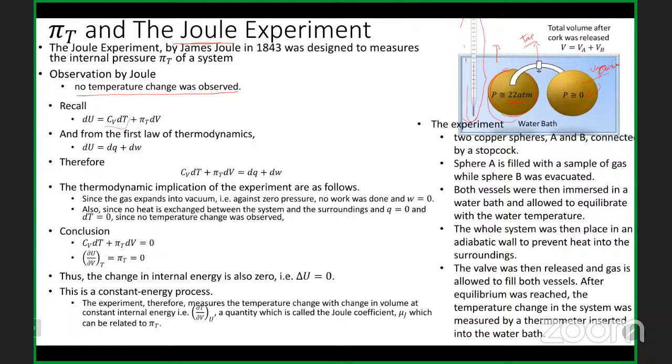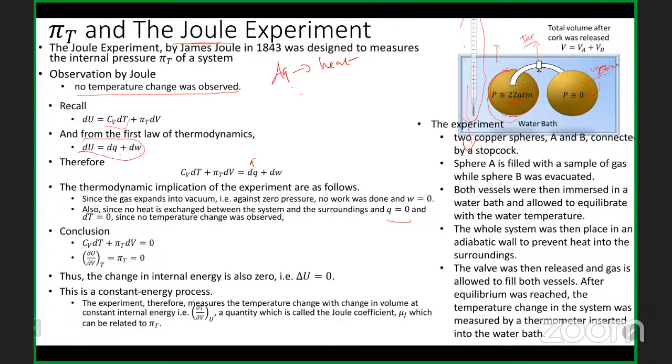CVdT. So let's see. We know that the change in internal energy from the first law is given by dU = dq + dw, where dq is the energy change due to heat. There was no temperature change, which means no heat change, so dq equals 0.